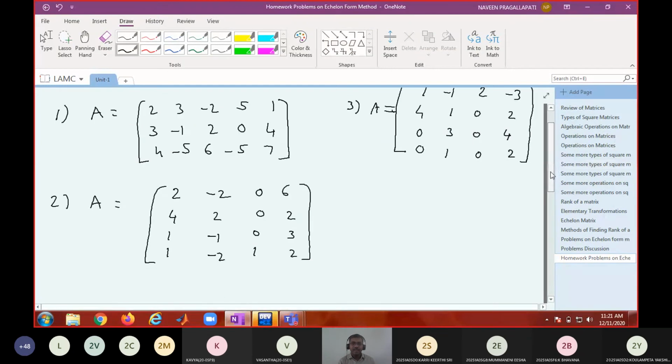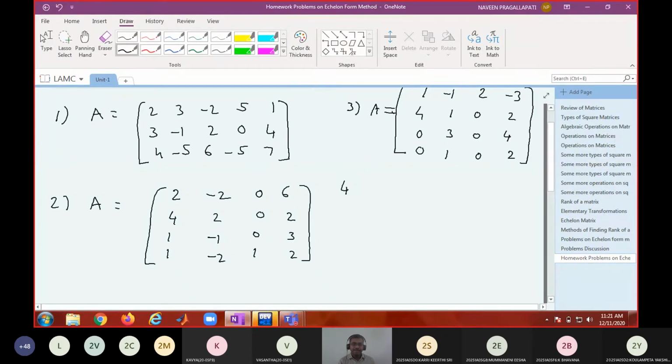Okay, in exams, you will be given minimum 4 by 4 matrix.